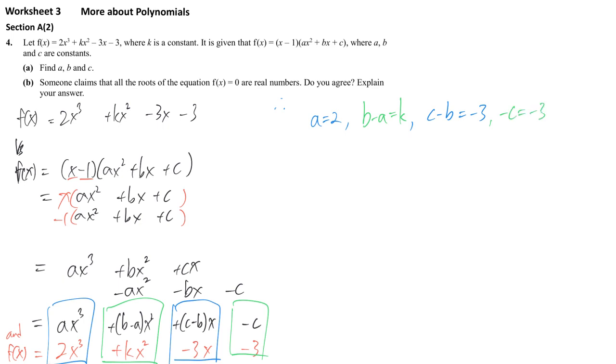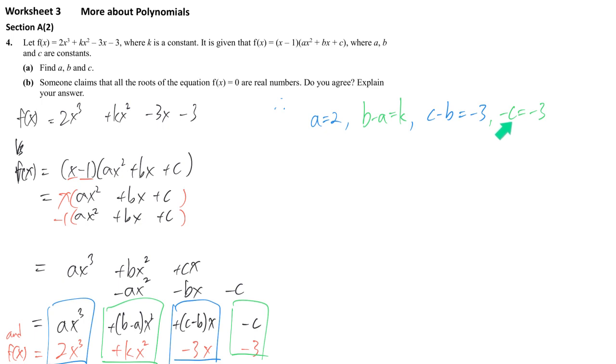I just list out all the conclusions that we can make. Sometimes some of the conclusions may not be useful. This one is useful, they give us a. But this one is not really useful because there are b and k, two unknowns here, and k is not asked, so we don't care about k.